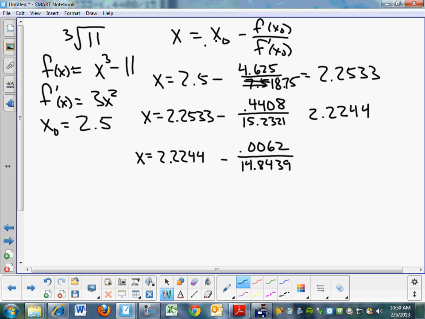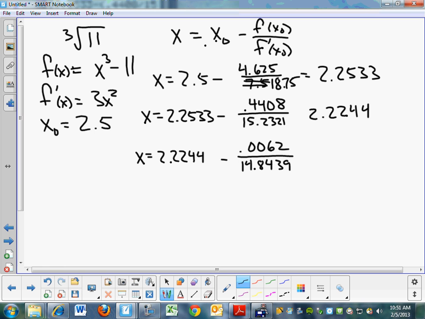Watch up here. Look at the number on the top. 4.625. That's pretty big. Then you get 0.44, much smaller. Then you get 0.0062. You can tell when you're starting to narrow in because this ends up being your error. This is your error.